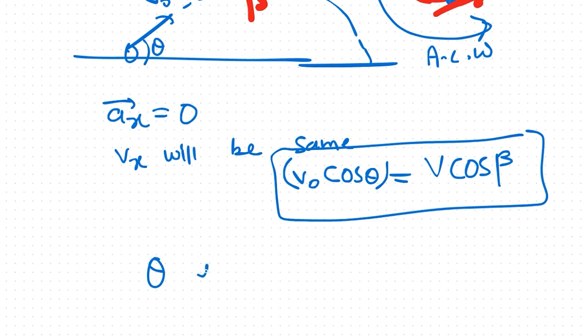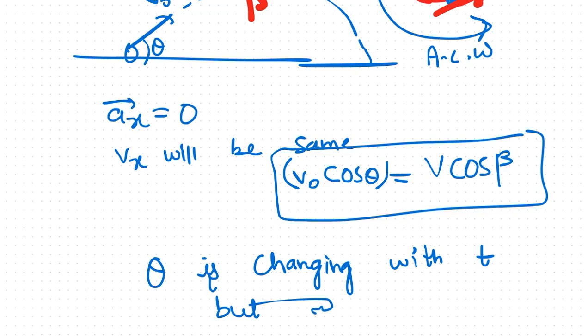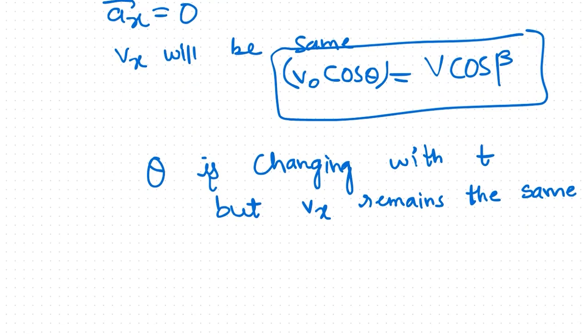So the theta value is changing with time, but still Vx remains the same as v naught cos theta. The x component of velocity remains the same. What about Vy though? Will it be the same?